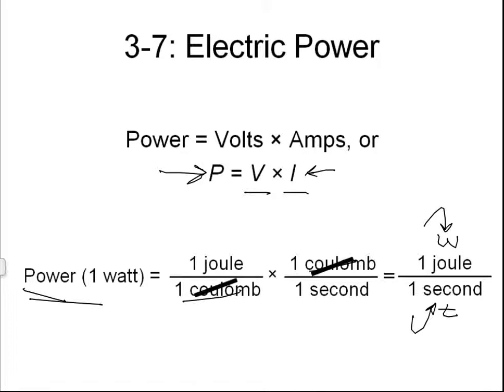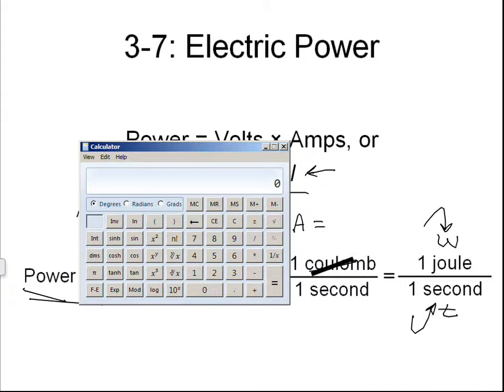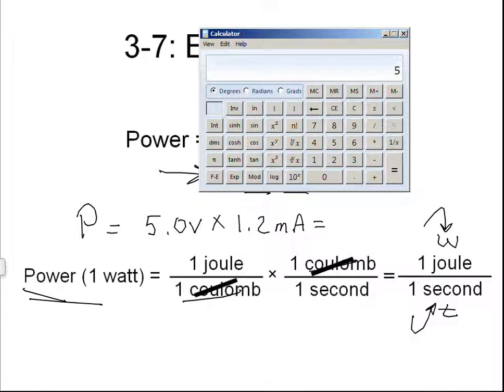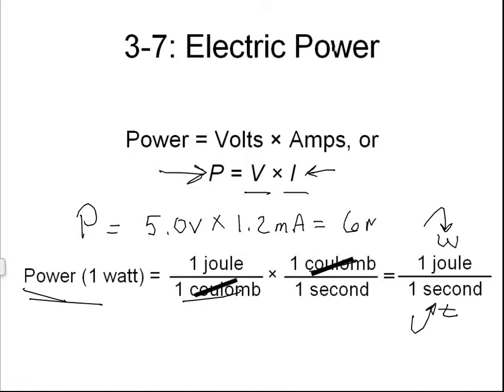So the power consumption of my little circuit equals the voltage times the current, and let's not forget the unit of measure, which is going to equal, let's bring the calculator back up again, 5 volts times 1.2 milliamps equals 0.006 or 6 milliwatts.